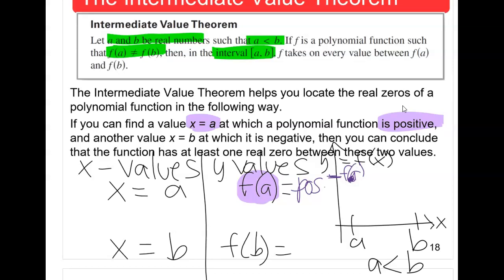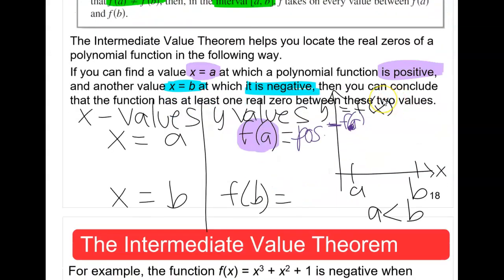And then it says here that for x equals b, the function value is negative. So let's place it below the x-axis, here.